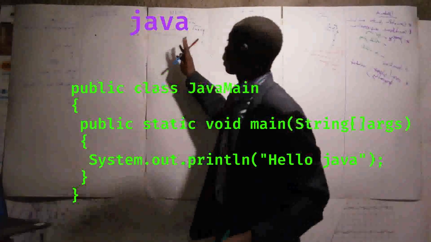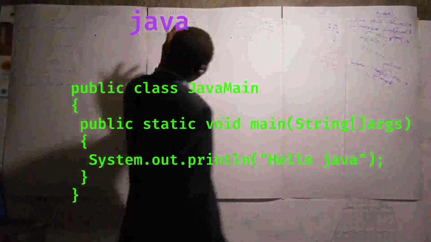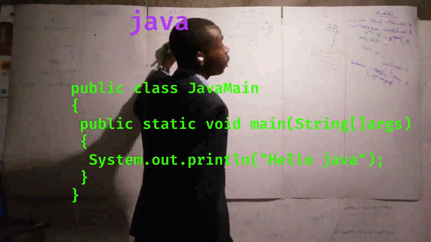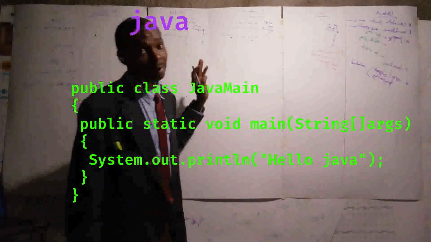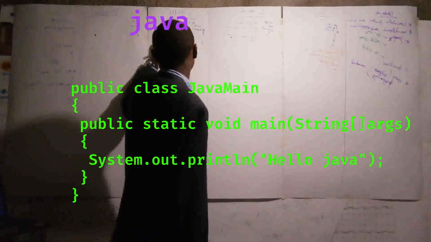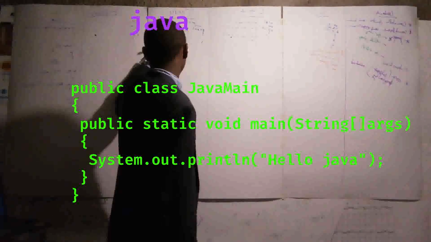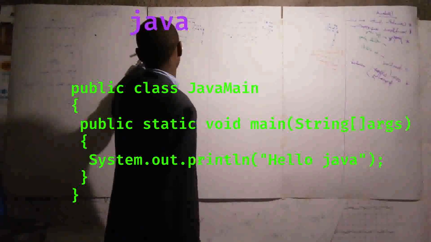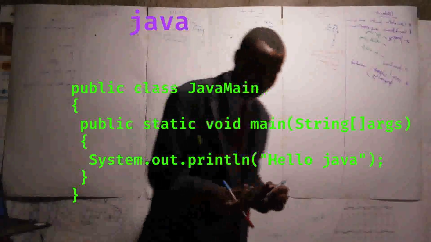And then write the statement for putting text in Java code. It should call System. When you write System in Java, the S will be a capital letter. System dot out, the out stream, out dot println, the print line, hello Java, then close.